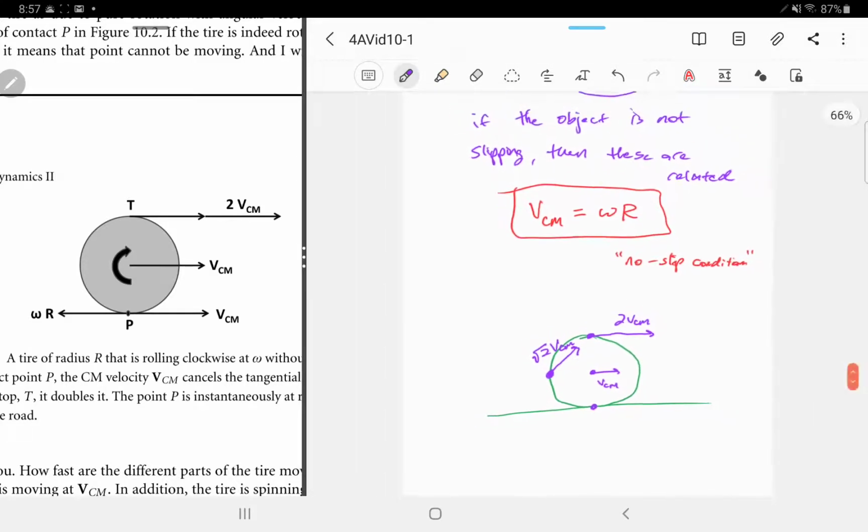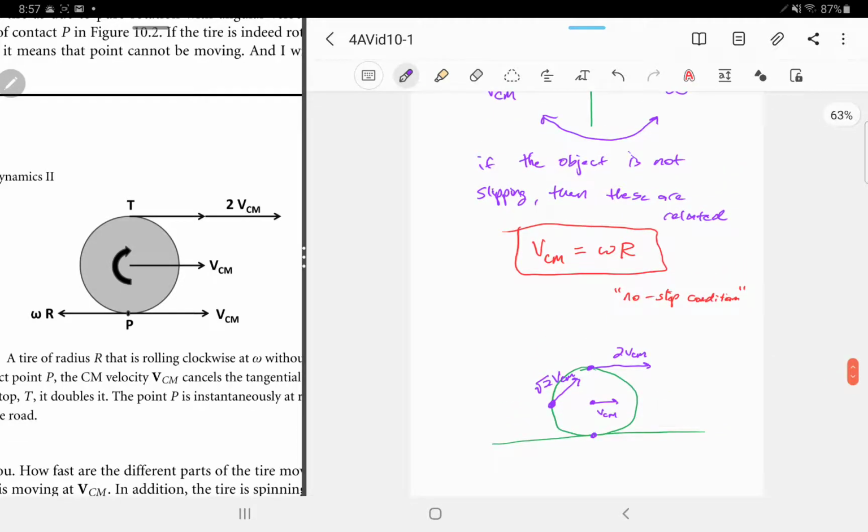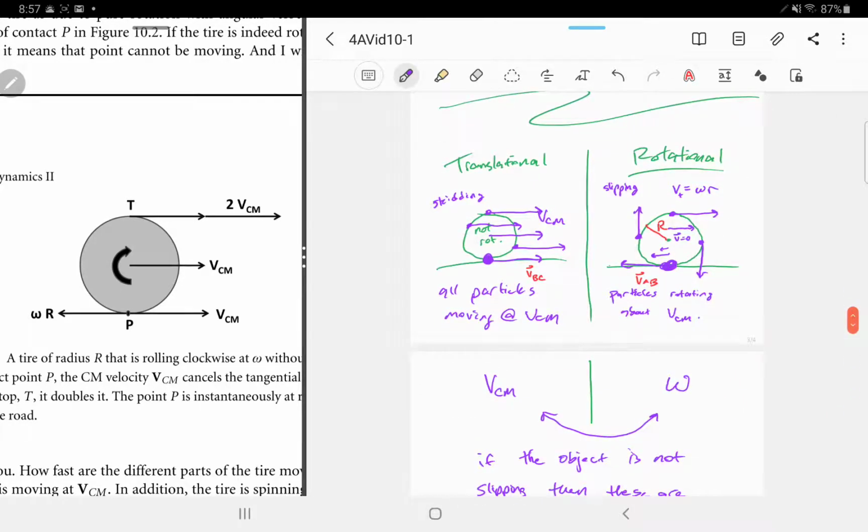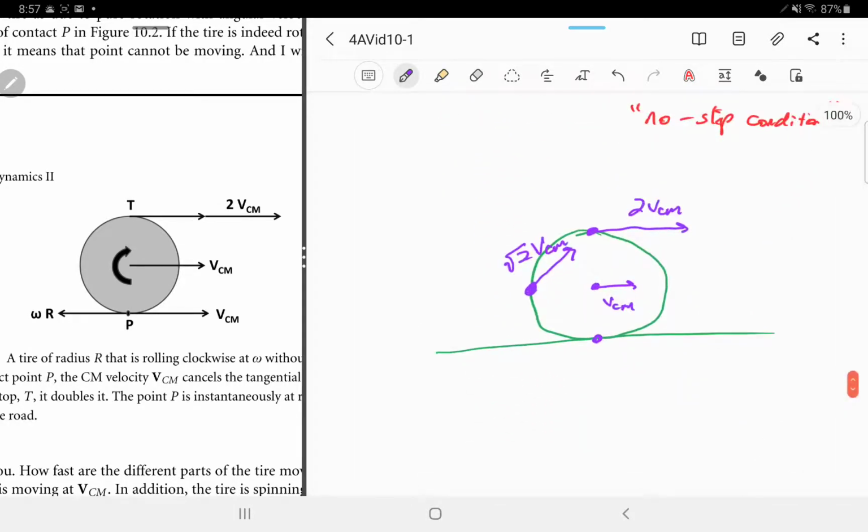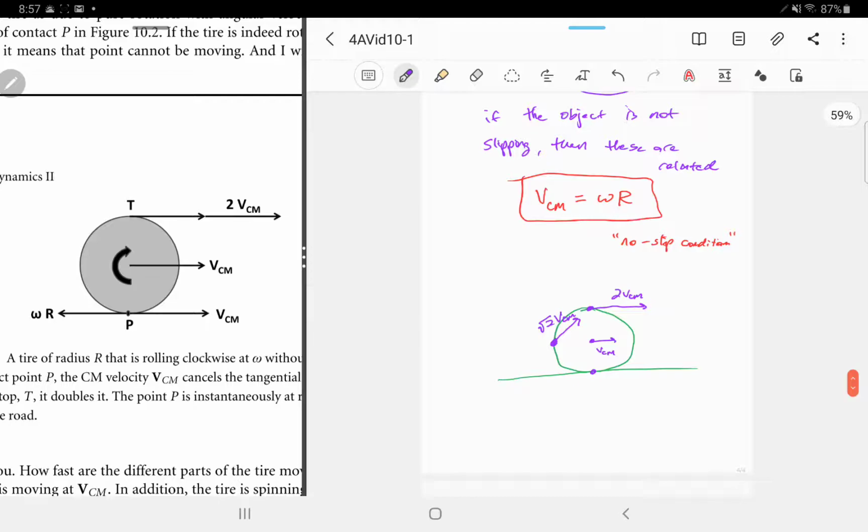You can start to see the utility, how powerful thinking about it this way is. Because if someone just gave you a car tire and said how fast is the top of the car tire moving, you'd be kind of at a loss, especially for a point like this. Where is it moving? How fast is it moving?